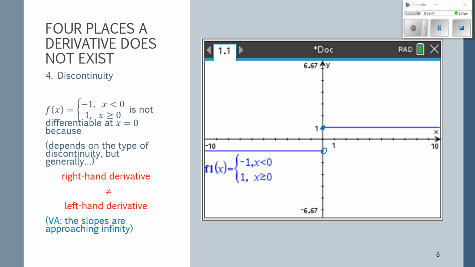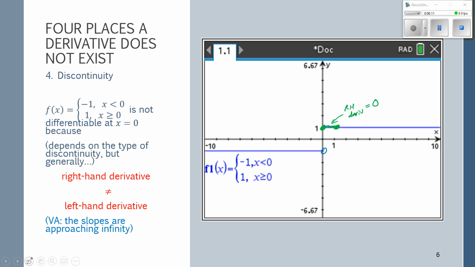Well, remember, we're finding the derivative by taking 2 points. So if I'm doing my right-hand derivative, I would be using my point of tangency, which is right here, because that's where the closed dot is, and then I would pick something a little bit to the right. All of these slopes, so my right-hand derivative, is always going to be 0.